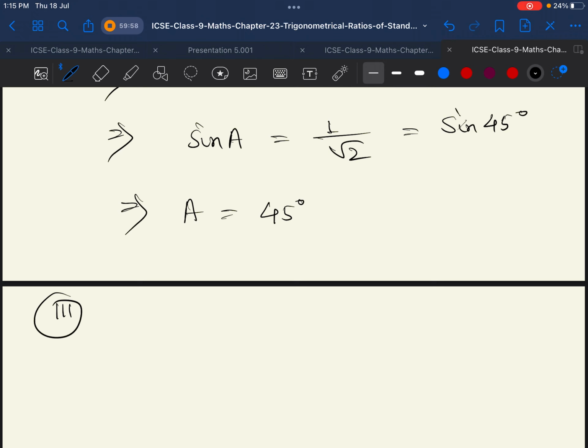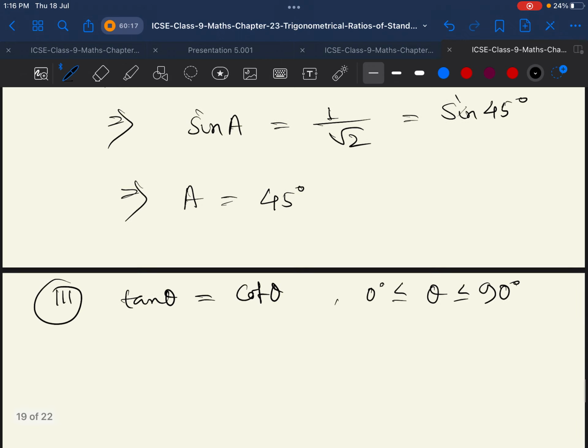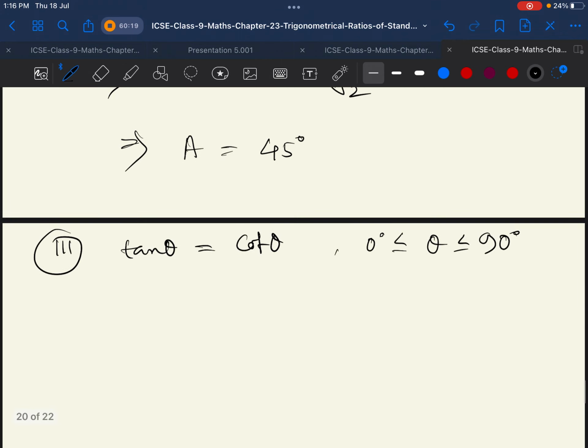Now question number 3. Tan theta equals to cot of theta, and the range of theta is 0 to 90. So state the value of theta. We know cot theta is 1 by tan theta.